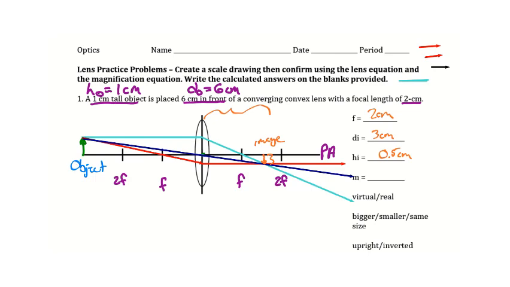No, that was right side up, which means that when I went from object to image, it was turned upside down. Because it is below the principal axis, I'm going to put a negative sign in front of my height here. So, magnification, and we'll come back to magnification.